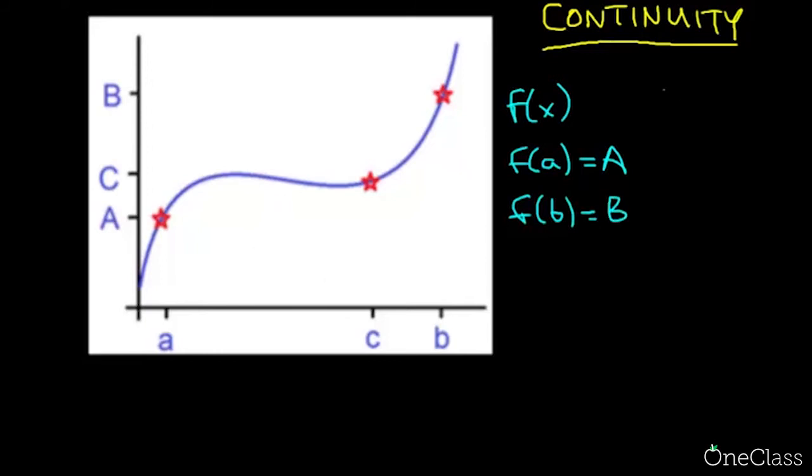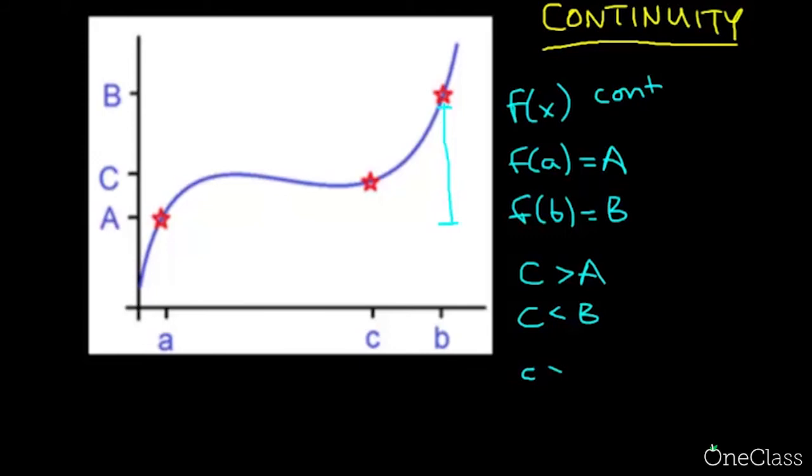Now if we know that f of x is continuous, then for any value c that is greater than a and c is less than b, meaning it's somewhere in this region, there must be a little c, which is between a and b.